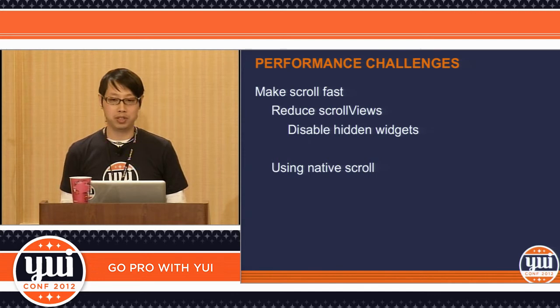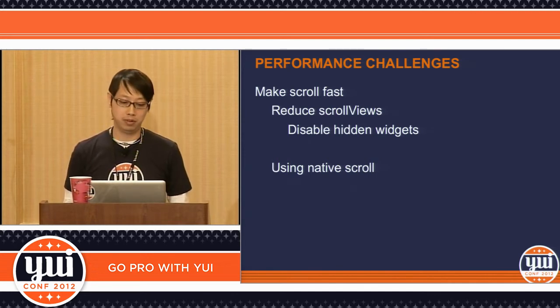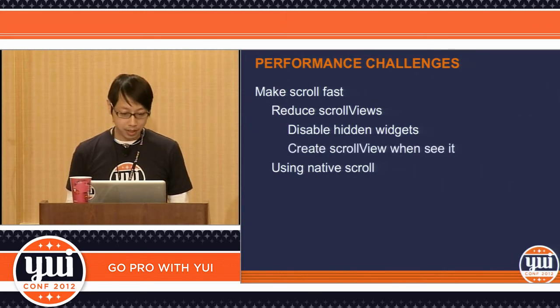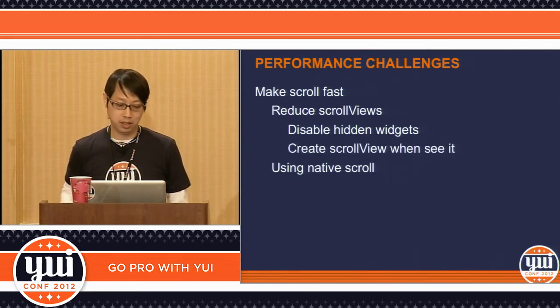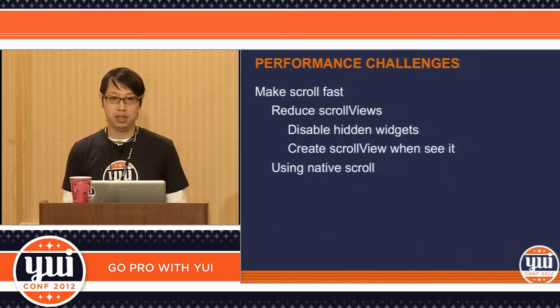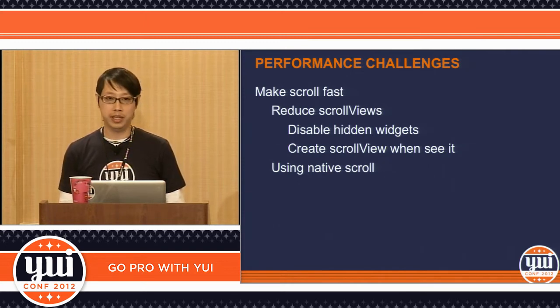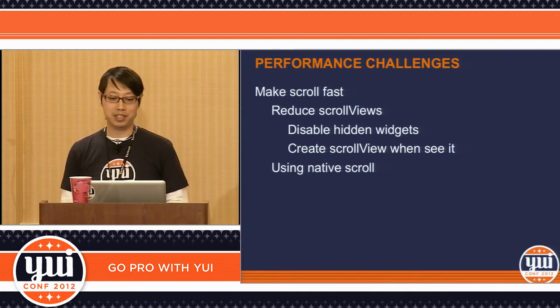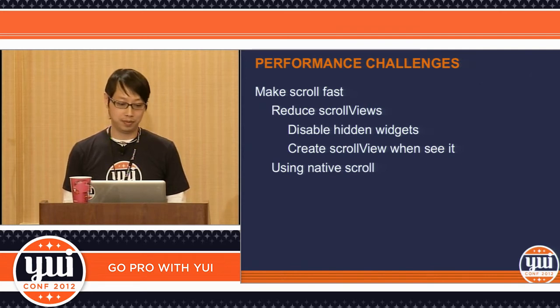Then we can reduce the active number of widgets. Another way is we can delay the initialize task until the user wants to see it. So the number of instances is reduced, and you get fewer scroll views.